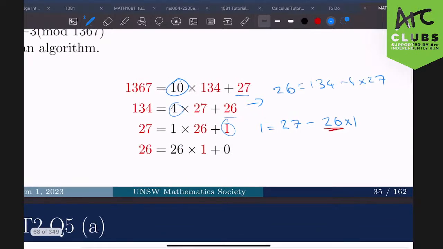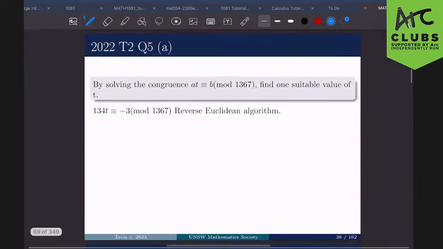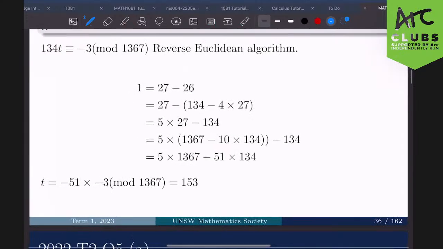And then you can just sub in here, and eventually you work your way up towards the larger numbers. And this will be our final answer.